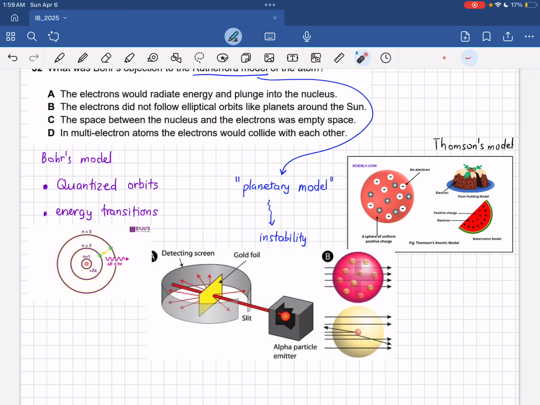What he saw is that most alphas got through the thin gold foil and were detected on the screen, but also at many other directions, not just straight through, and especially some alphas were detected at the front as well. That means the alpha hit something really hard at the core, and even got reflected back. So that's why this model was proposed: there should be something in the middle of the atom, and that should be the nucleus.